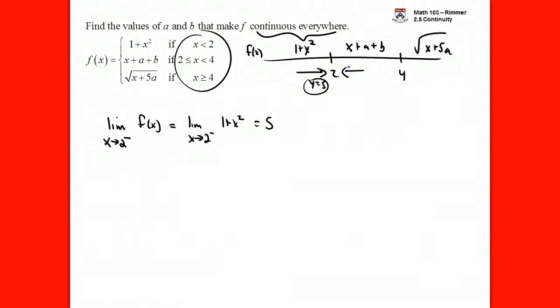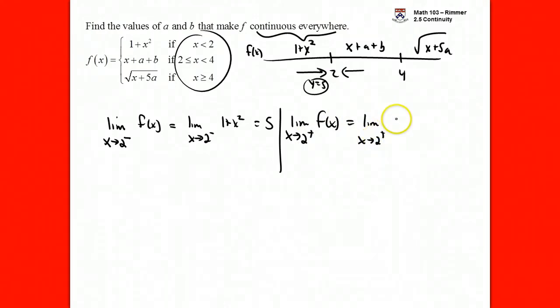Okay, well, as x goes to 2 from the right, they have to meet up. So my line needs to also go to 5 if I'm going to be continuous everywhere. And so as I go towards 2 from the right on this particular function, I'll be using the line, which is x plus a plus b.